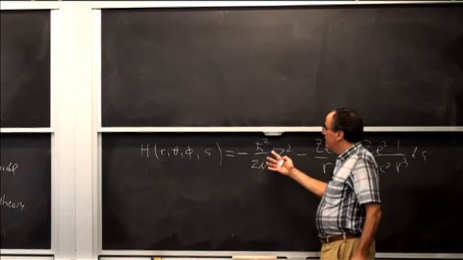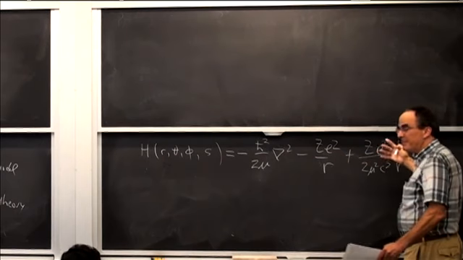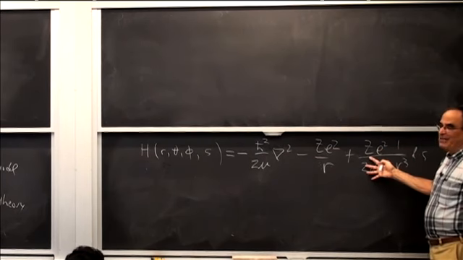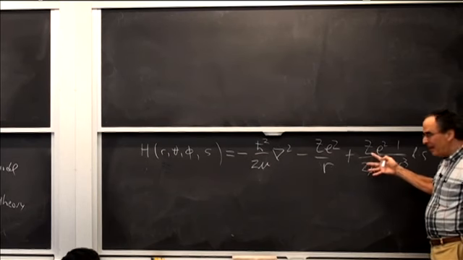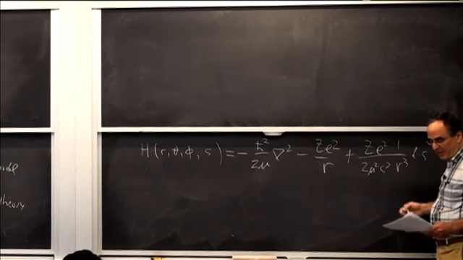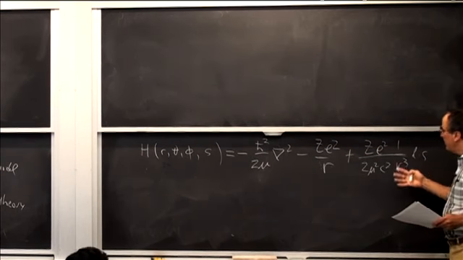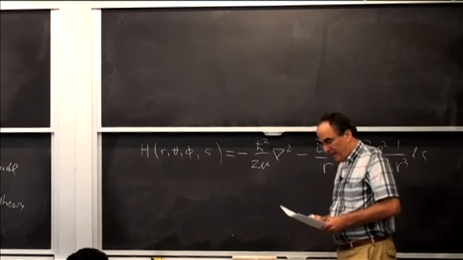So this is the kinetic energy, this is the potential energy, and this is my very good friend spin orbit. It's an example of small stuff that helps you a lot in understanding what's going on. So it's perhaps an extra level of complexity, but it's something that we care about.